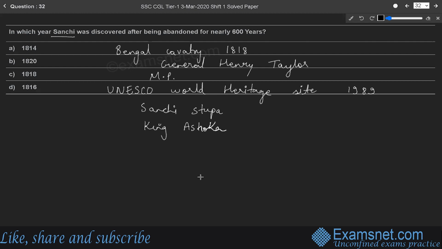And later, the expansion of the Stupa took place during three periods. The periods are the Shunga, the Satavahanas, and the Gupta period.